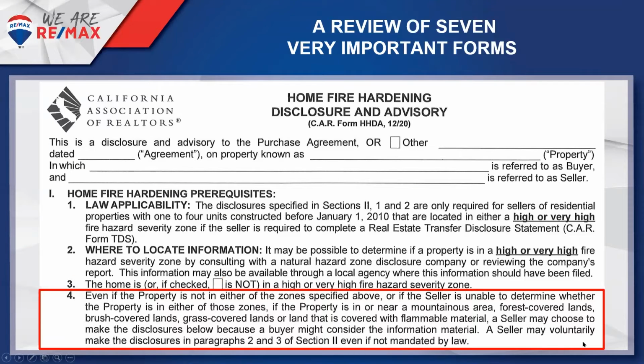And in fact, that's what paragraph 4 talks about. Even if the property is not in one of those zones, the property could be near mountainous areas, forest-covered lands, brush-covered lands, grass-covered lands, or land that is covered with flammable material, which includes just about any property in Riverside or LA County or San Diego County, probably.